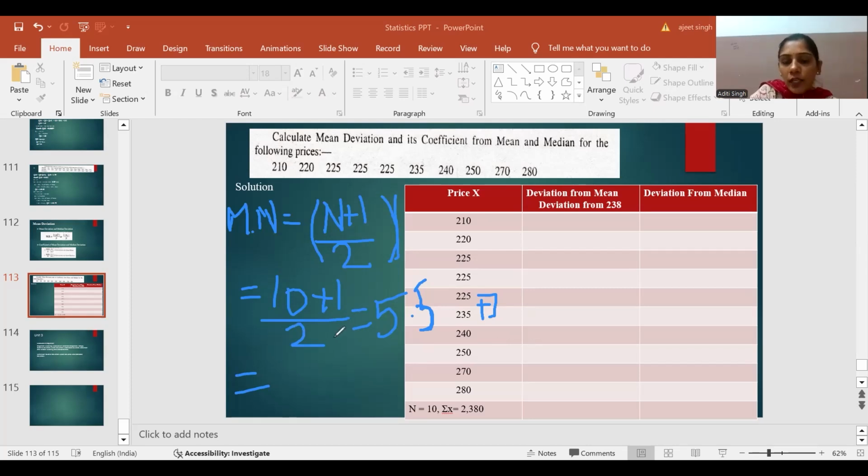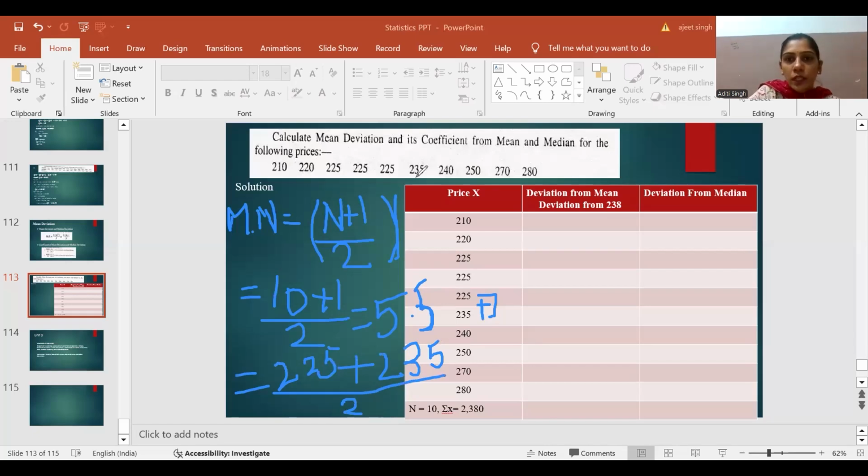This is how we get the actual value of median. So 225 plus 235 divided by 2.